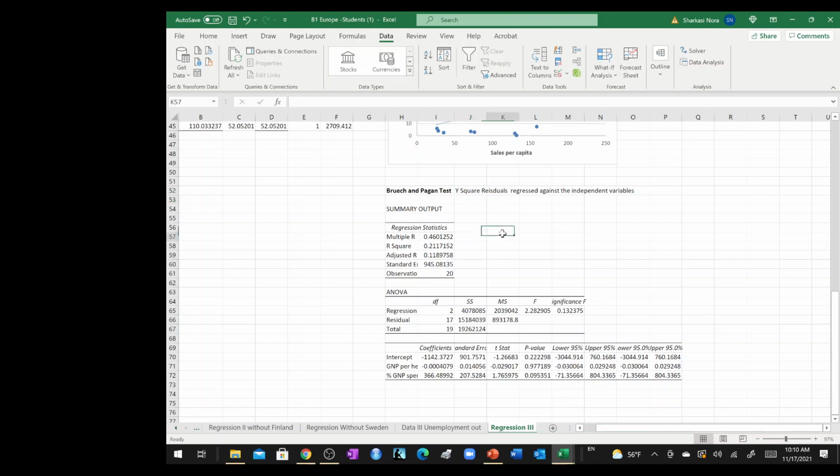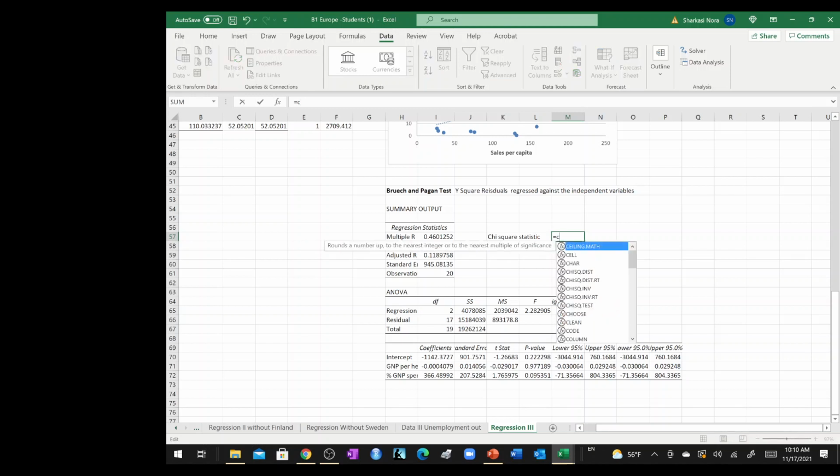And now we are going to get the chi-square statistic. The chi-square statistic here is basically the R square times the number of observations, right? And now the p-value.